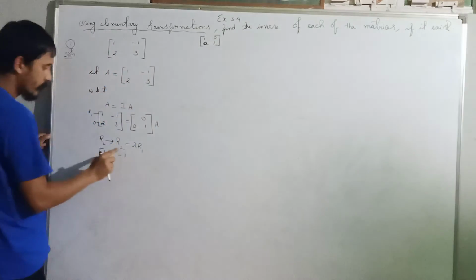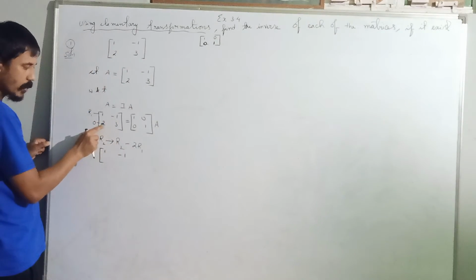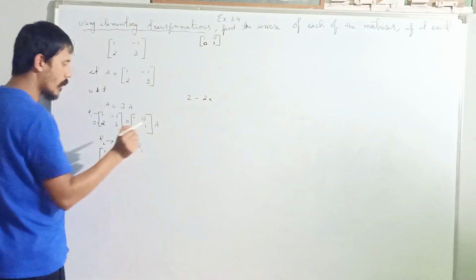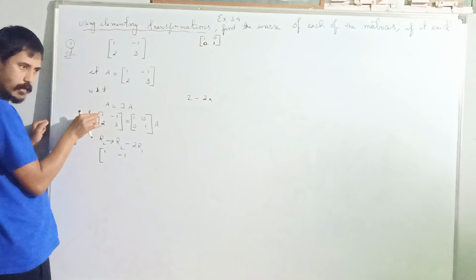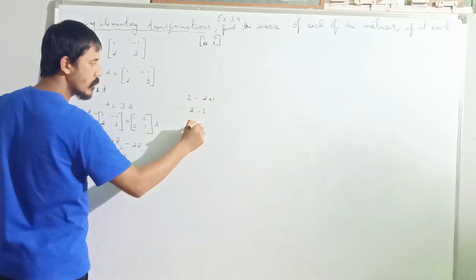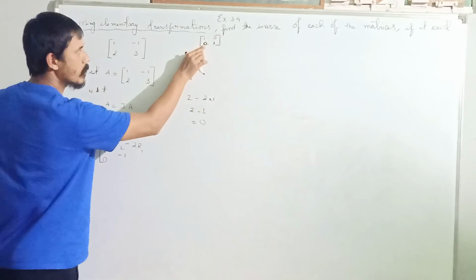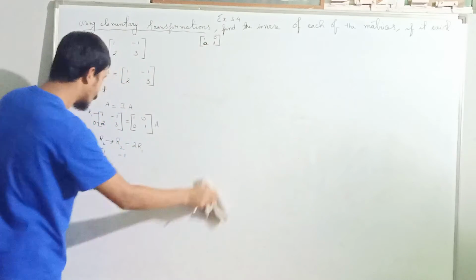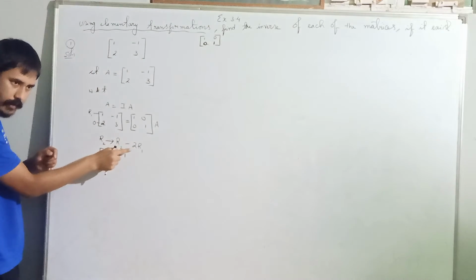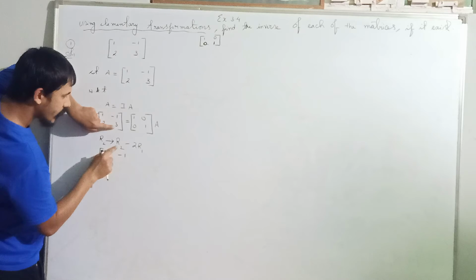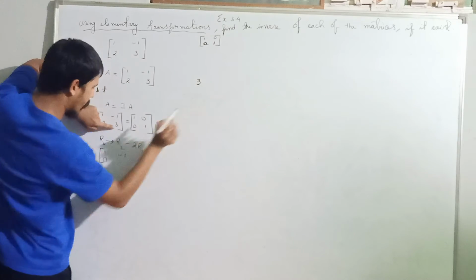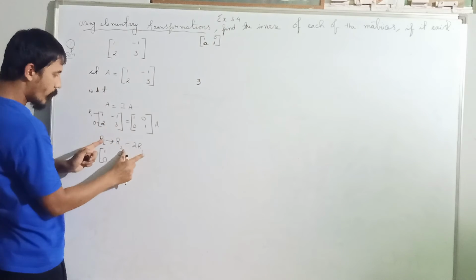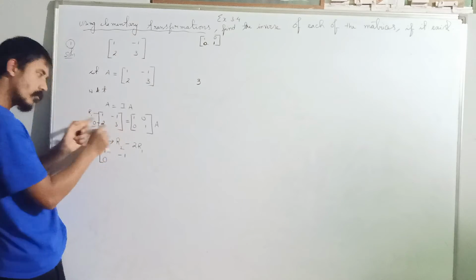So the first element of R2 is 2, minus 2 into R1, the corresponding element. 2 minus 2 is how much? 0. Then we have to follow the same operation for the other elements as well. This operation has to be applied to all elements of R2.